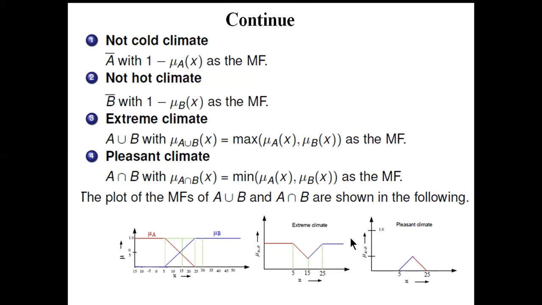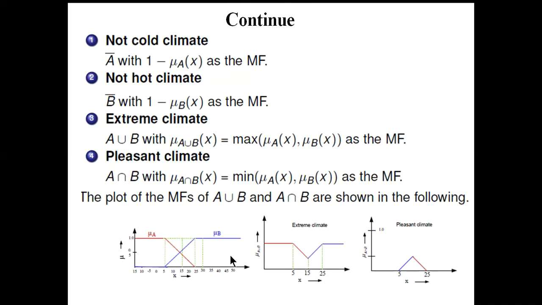Now, pleasant climate, as the name suggests, is where it is not too hot or too cold. How can we find the corresponding membership function? We want to find the minimum value of both A and B, so we find the intersection between A and B. The membership mu A intersection B of x is the minimum of mu A of x and mu B of x, and that is the pleasant climate.